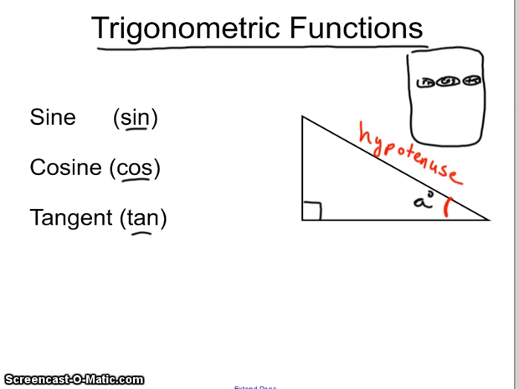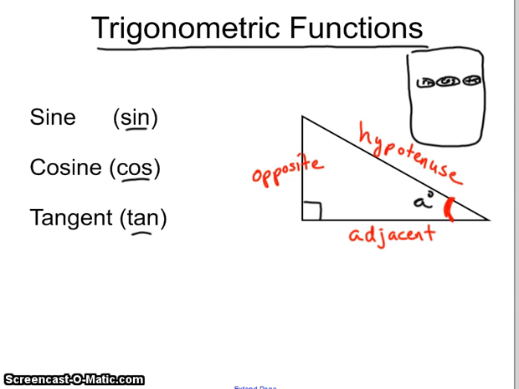So we call this side the adjacent side, or the adjacent leg, and we call the other leg the opposite leg in relationship to this angle A.